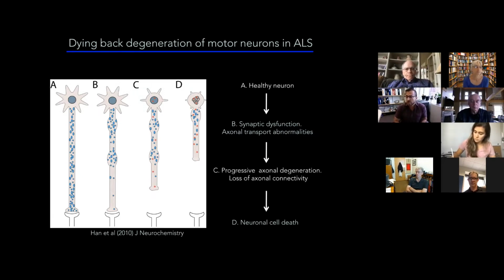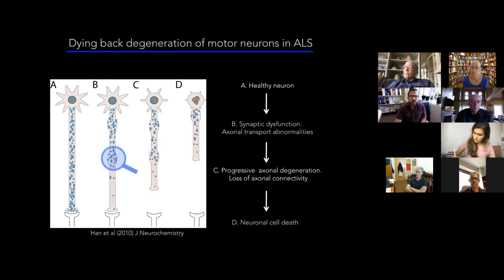Neurons affected in those diseases seem to follow a similar pattern, although the neuronal cell type that is affected obviously varies according to the disease. But this is a very generalized mode of degeneration in neurodegenerative diseases.